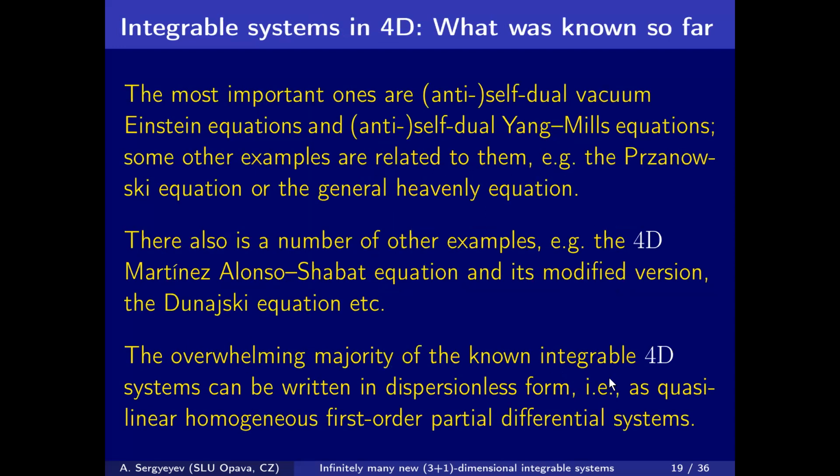Okay, so from those that are known, the most important examples of integrable 4D systems are related with the concept of self-duality or anti-self-duality. These most important examples are anti-self-dual vacuum Einstein equations and anti-self-dual Yang-Mills equations, and self-dual, of course, as well.